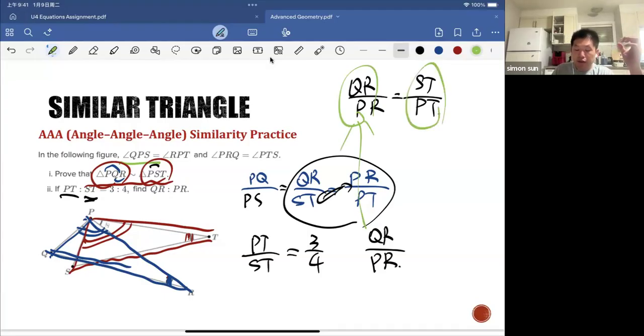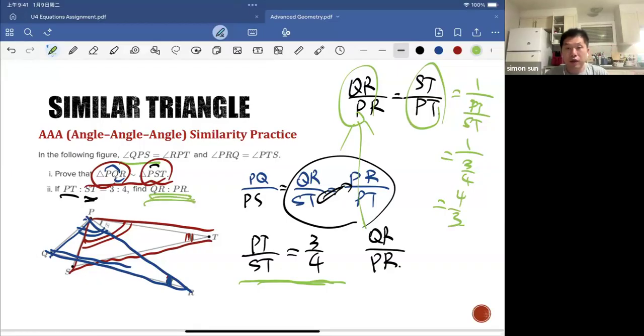And ST over PT is just the reciprocal of the given information, right? It's just 1 over PT over ST. It's equal to 1 over 3 to 4, which will be equal to 4 over 3, or 4 to 3 if you want to represent it as a ratio. Okay. Any questions?